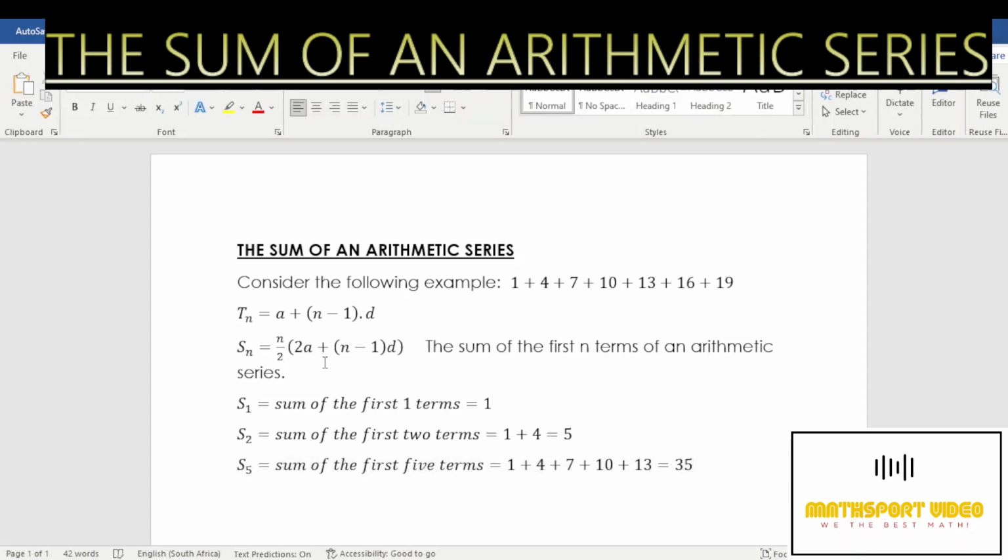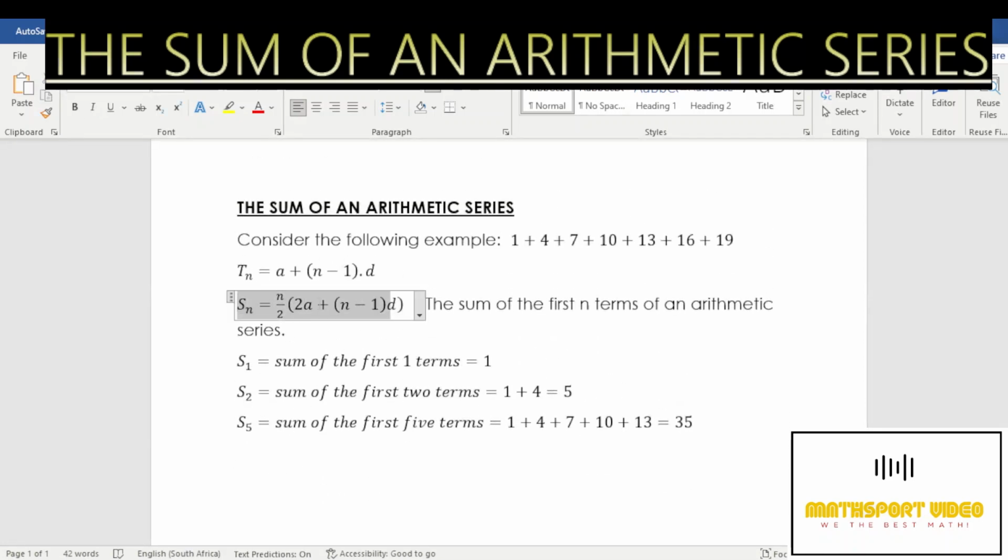All right. In general, this formula allows us to work out the sum of any number of terms in the sequence. Now remember, a represents the first number, so that's going to be 1. d represents the difference, and the difference here is 3, because you are adding 3 every single time.